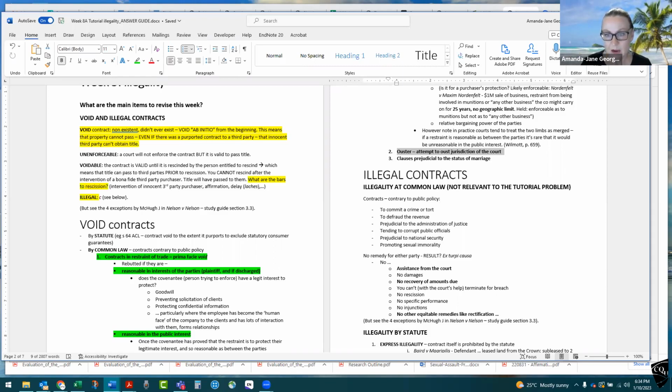Okay. Now, why do you think that policy would dictate that you can't have that kind of clause? What's the whole point of a contract? Would it be taking away someone's right? Exactly, Jasmine. Exactly.